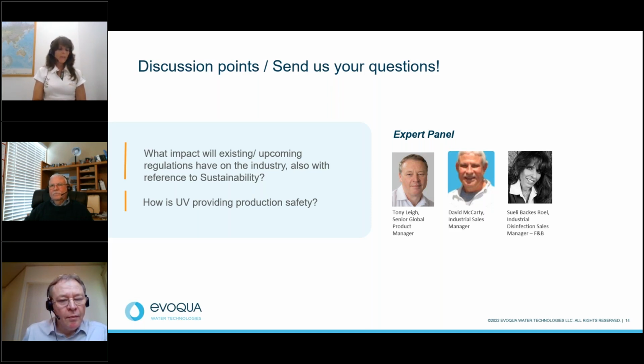Tony, I had a question on what is the difference between a validated and non-validated system? Okay, so validation is used in a couple of different ways in the UV industry. Historically, validation has been used for certificates for materials and instrumentation.